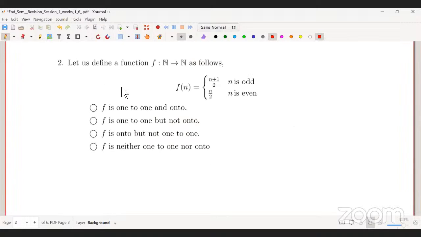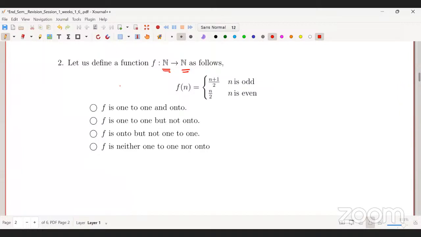So the next question is basically that you have a map, and as you can see, this is a map from the set of all natural numbers N to the set of all natural numbers N. So here the domain and codomain are both the set of natural numbers.